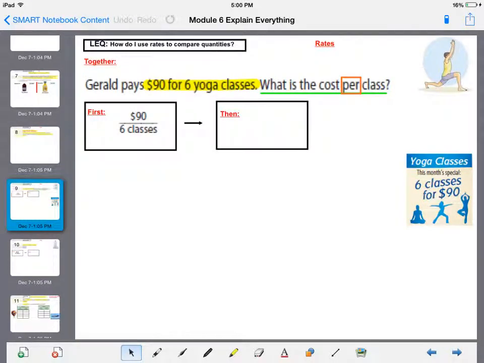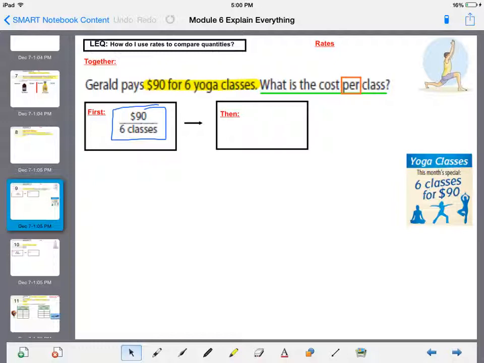So in this example, we want to find what the unit rate is for these yoga classes. Gerald pays $90 for 6 yoga classes. So our first step would be to write the rate of $90 to 6 classes. So we're writing a rate with the given information.